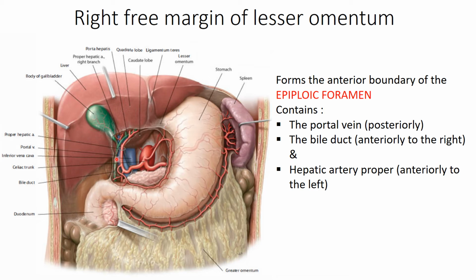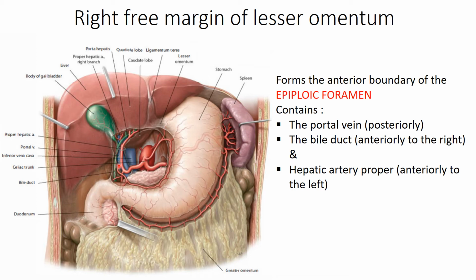Now the boundaries: the anterior boundary is the thickened boundary. It contains the bile duct, which is anterior and to the right, then the hepatic artery proper, which is again anterior but to the left, and posteriorly is the portal vein.